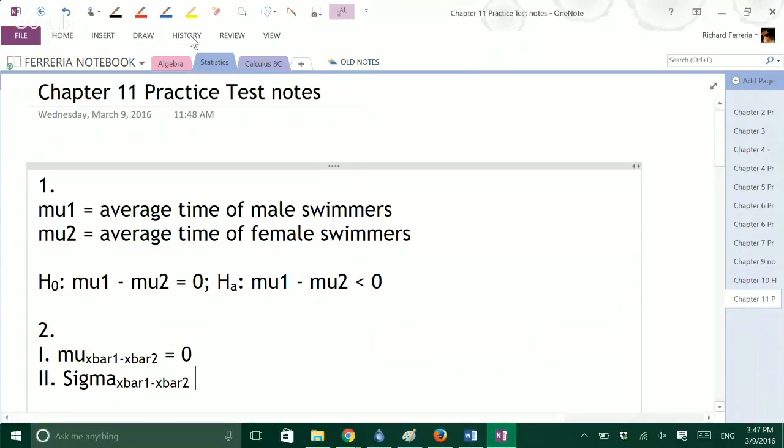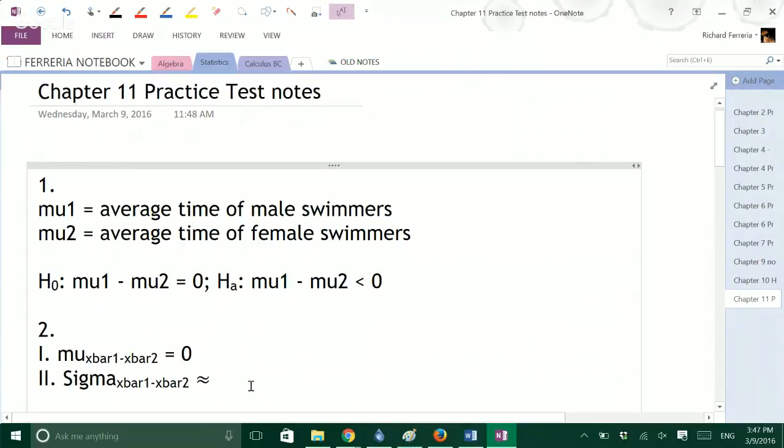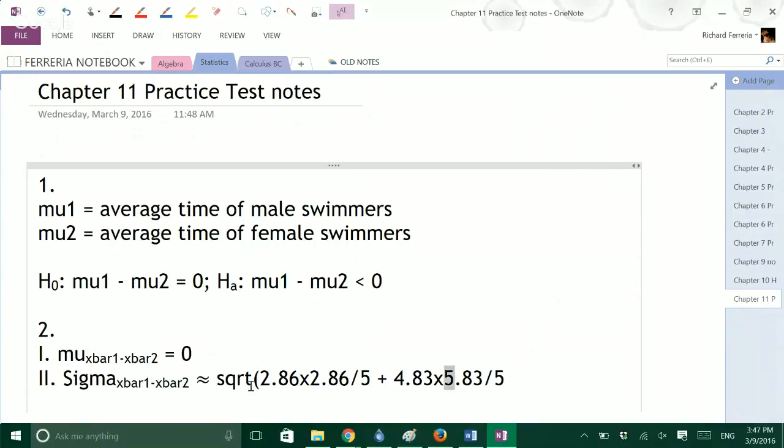Well, you can approximate that. We don't actually know what that is, but we're going to have to approximate that with the square root of S1 squared, which is 2.86, divided by the sample size of 5, plus S2 squared, which is 4.83, divided by their sample size, which is also 5.